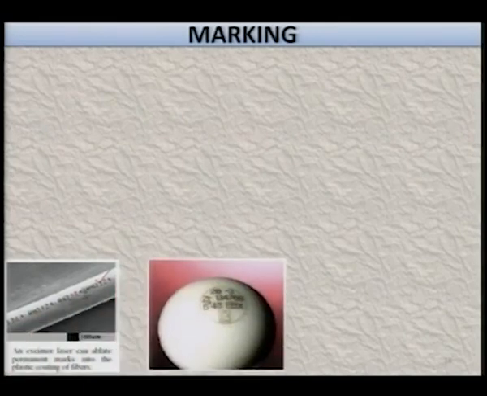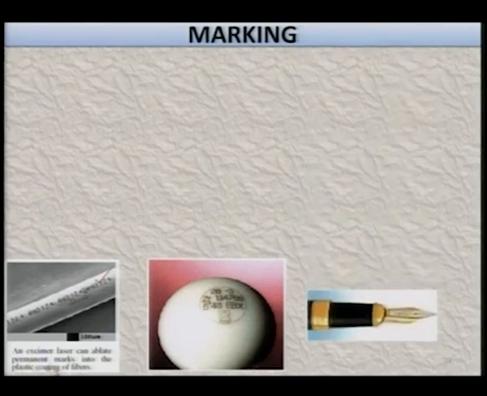Here is another example of marking on a ball kind of part, and here is the marking on a very expensive old pen tip. Nowadays people do not normally use these kinds of pens, but you can clearly see the marking over here, and all this has been done with the help of laser beams. Here also, on the non-metallic part, marking is given. So, for marking purposes laser beams are very good and they are very fast.